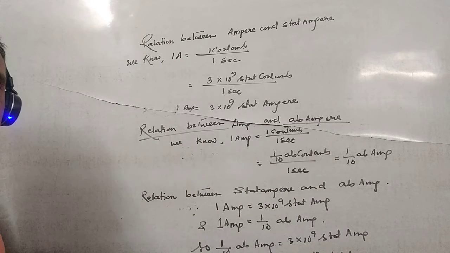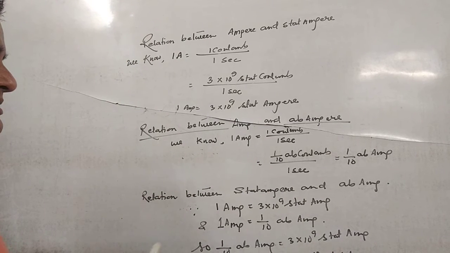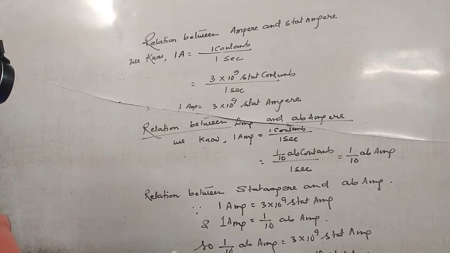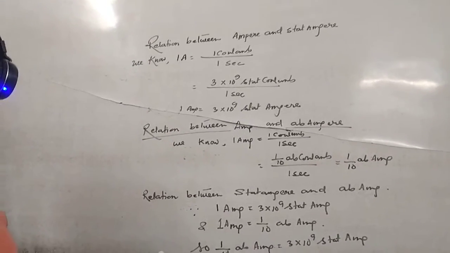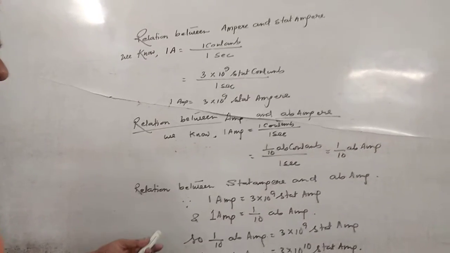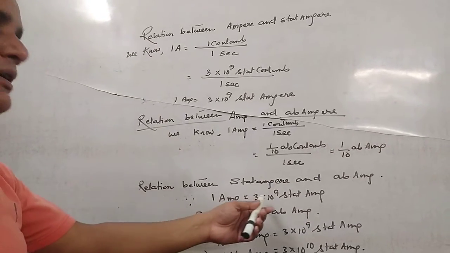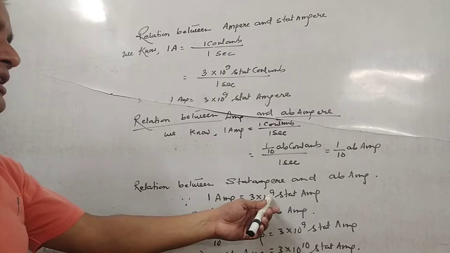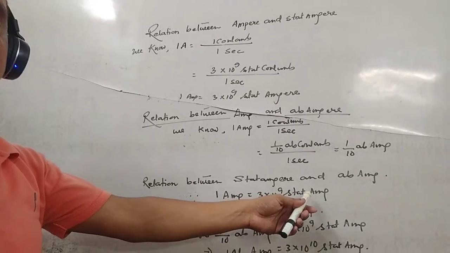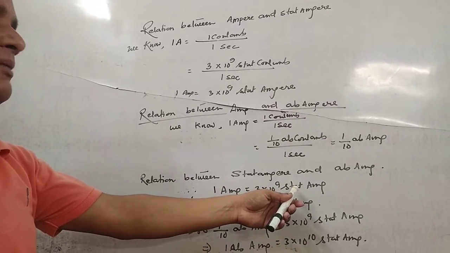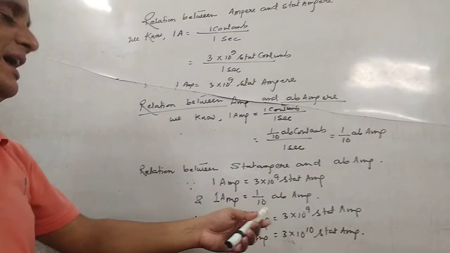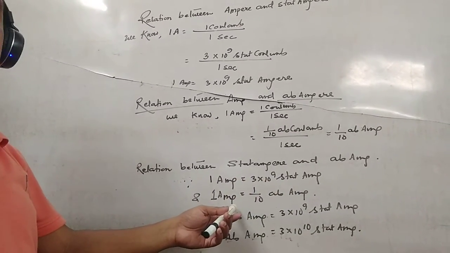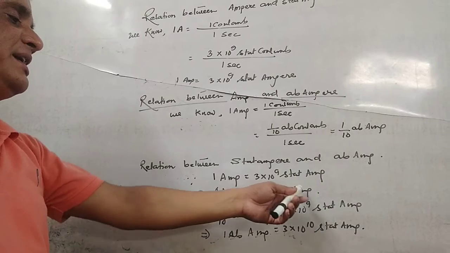Now, to find the relation between stat ampere and ab ampere, we go like this. We know 1 ampere equals 3 into 10 to the power 9 stat ampere, and 1 ampere equals 1 by 10 ab ampere.